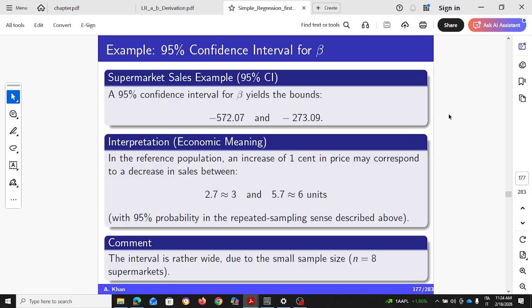Each time for these intervals, and later for the prediction, we will use this. The estimate is beta hat, and beta is the true value. With this estimate, we want to know if the true value really lies within the confidence interval.